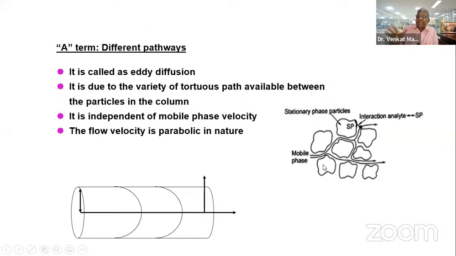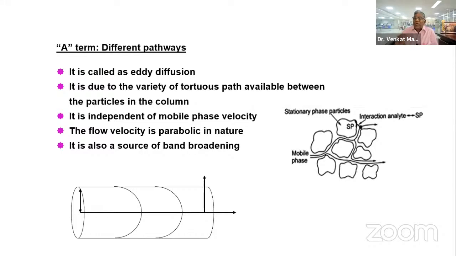Because the path is different, it causes a little bit of band broadening. Now you understand what is exactly happening inside the column. One of your jobs is that the band broadening should be small, as sharp as possible to get the ideal situation.